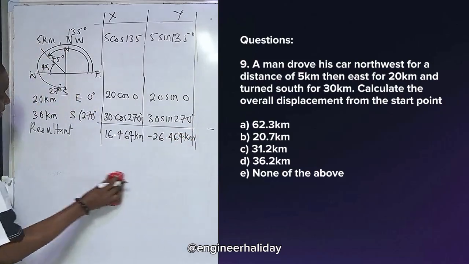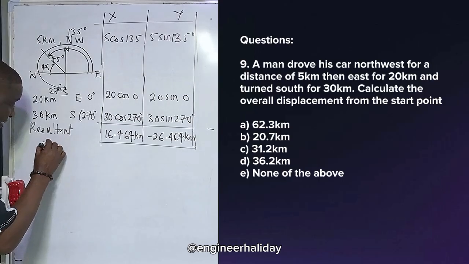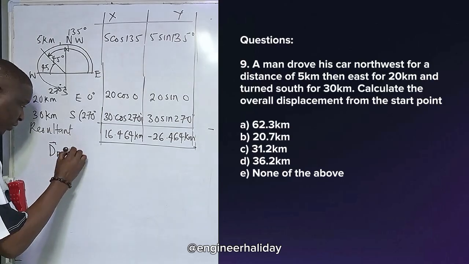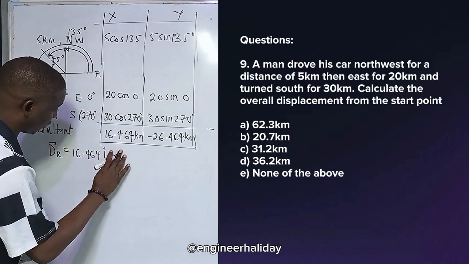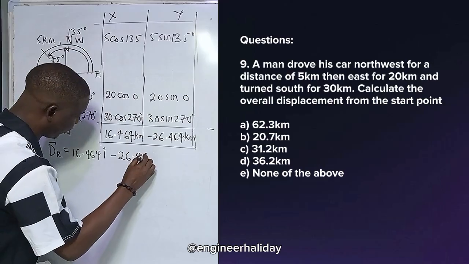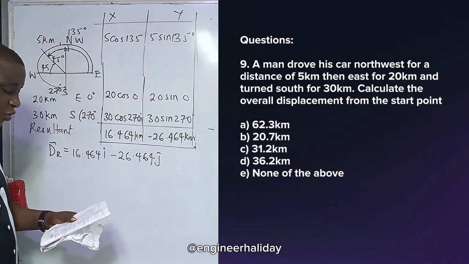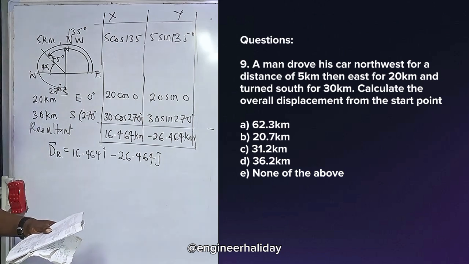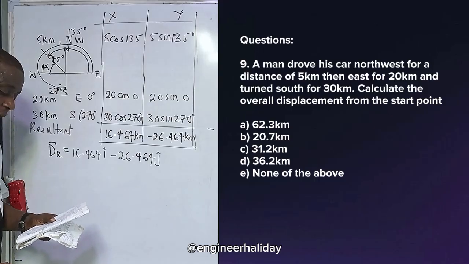Now if you check this very well, you are going to discover that our resultant displacement dr equals 16.464 i minus 26.464 j. That is the vector form. But if you check the question critically, they told us to find our answer in magnitude.